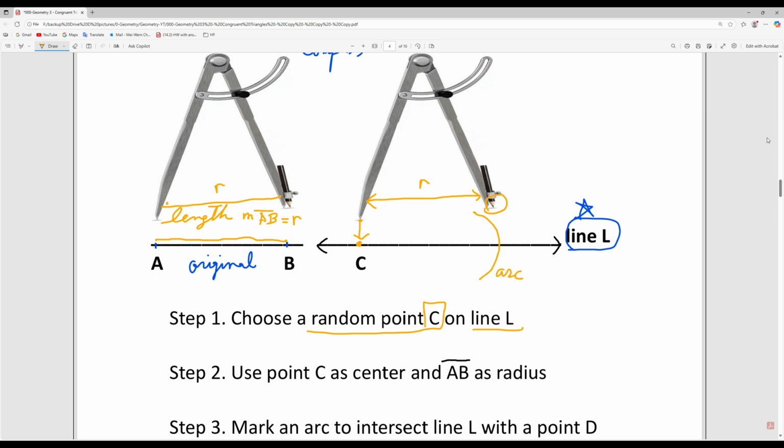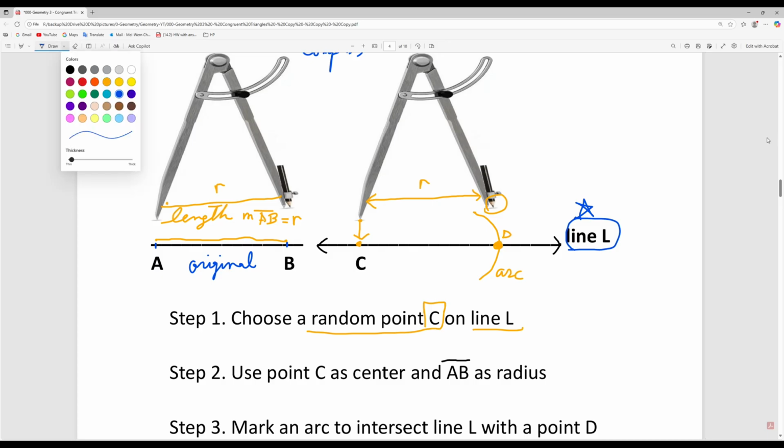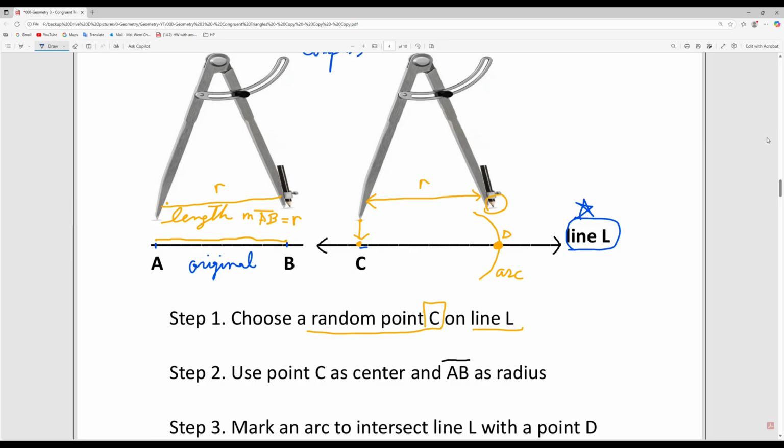This arc may intersect with line L at one point. We call it D. Then we have already constructed line segment CD.